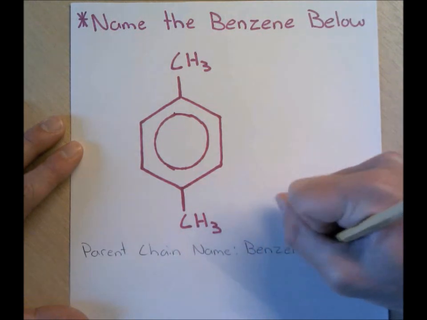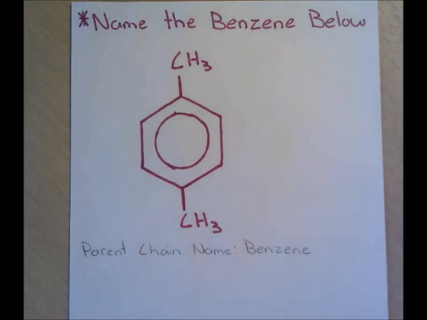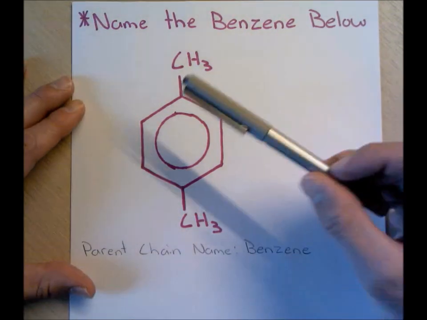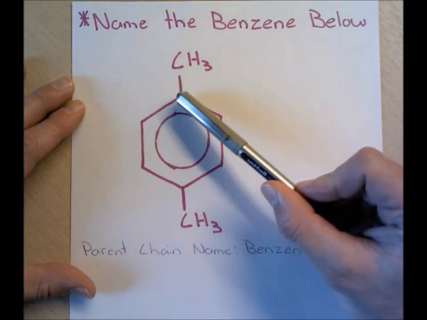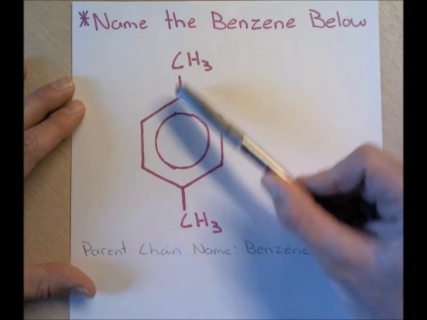Now, our branches. Before we can get to the branches, we need to number the ring so that we get the lowest possible number. We have to start with number 1 at one of the attached groups. So I'm going to call this, for right now, carbon 1, where my attached group is here.